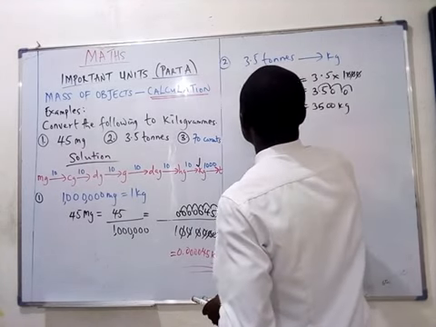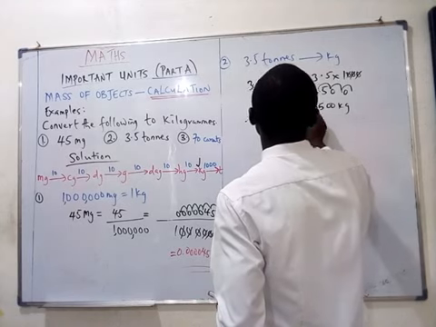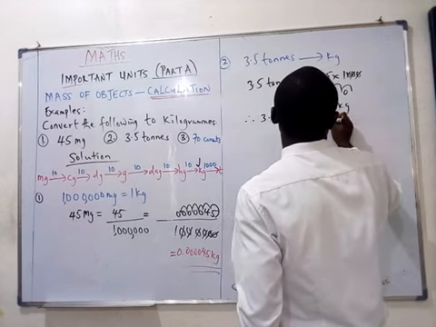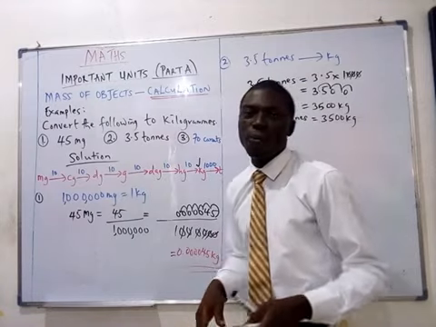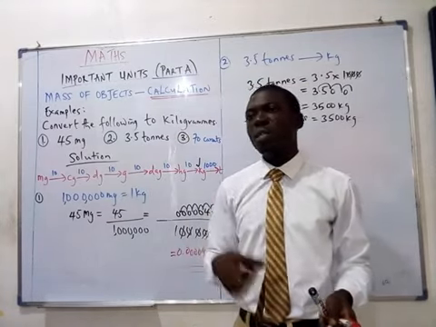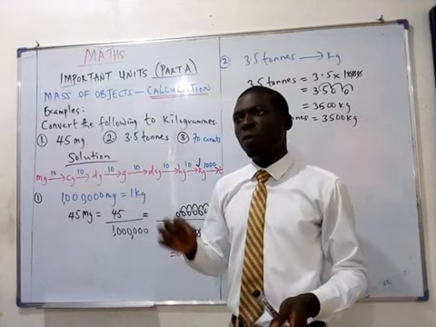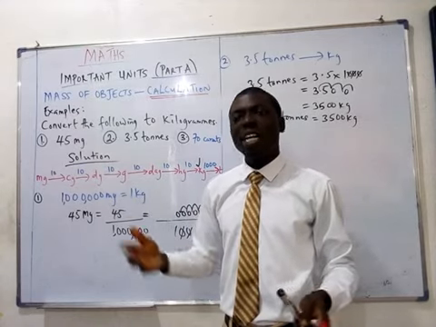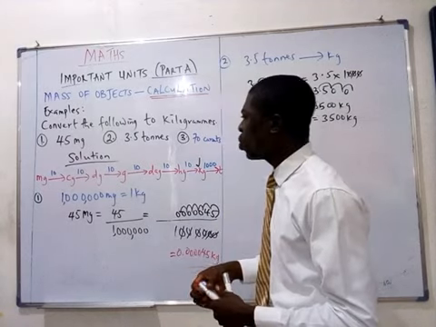So we now say, therefore, 3.5 tons is the same thing as 3,500 kg. So that is that. I hope you are following. So converting from something at the back to something at the front, divide. But when you are converting from anything at the front to any other thing at the back, multiply. Is that taken?